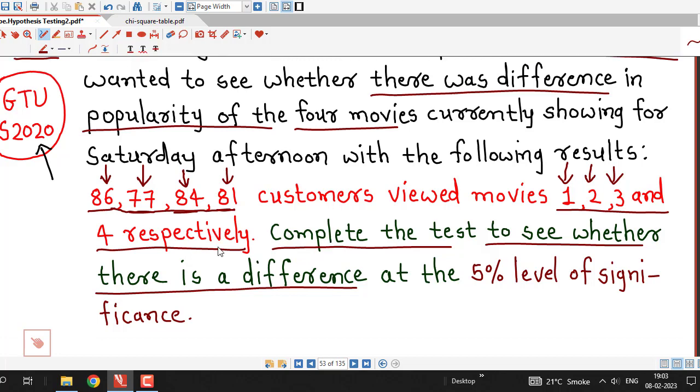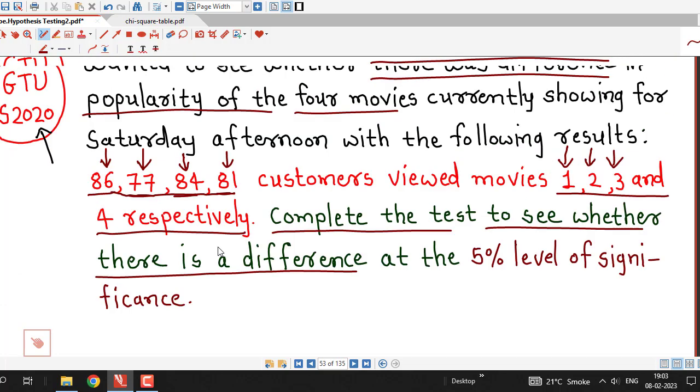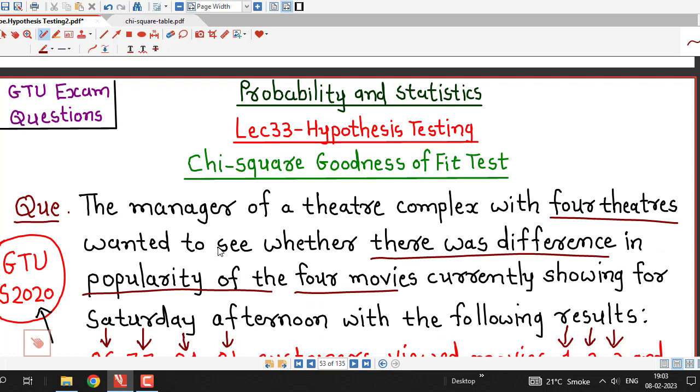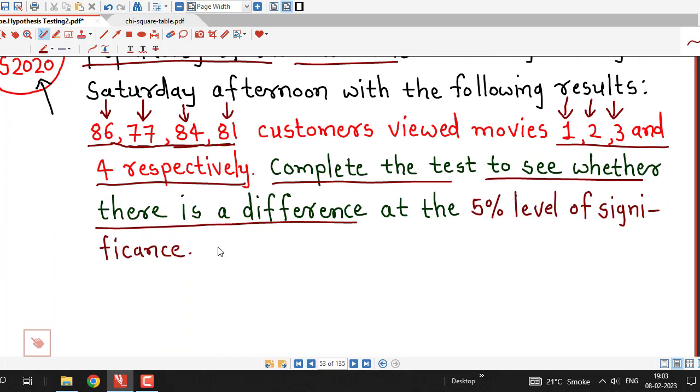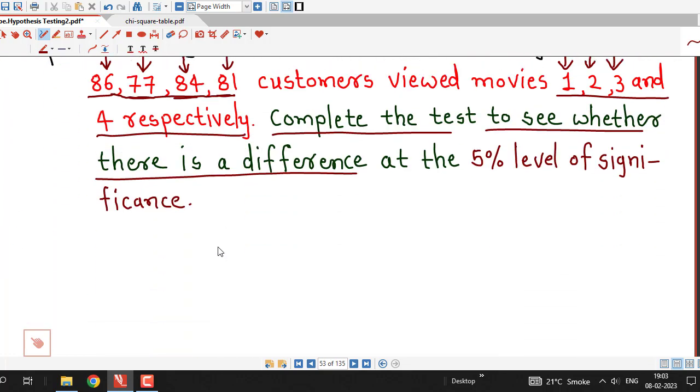From this sample data we have to test whether there is a difference in the popularity of the 4 movies. So here also we will apply the chi-square goodness of fit test, and the null hypothesis will be that there is no difference in the popularity of the 4 movies. That means the 4 movies are equally popular.